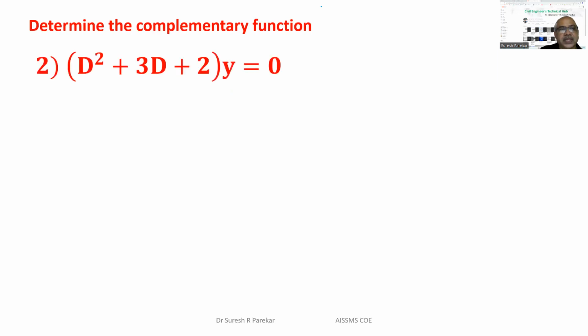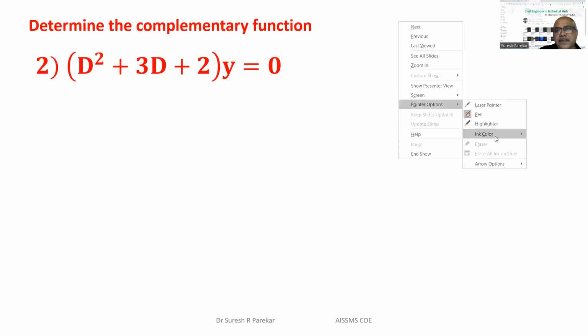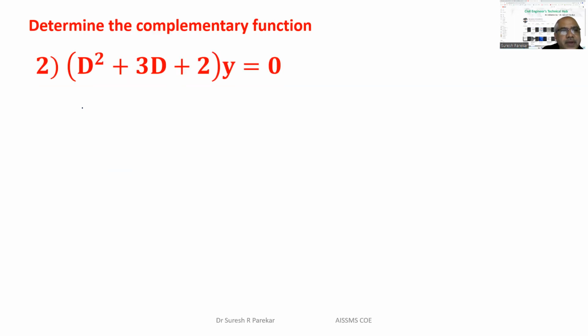Then we will switch over to the second problem in which we have (D square plus 3D plus 2)y equal to 0. So we will write it as m square plus 3m plus 2 equal to 0. So we can write m square plus m plus 2m plus 2 equal to 0.